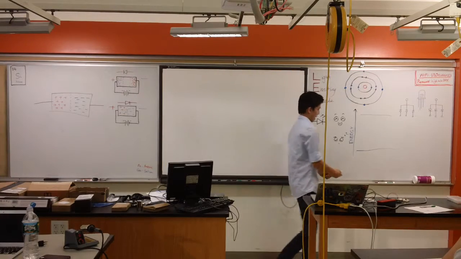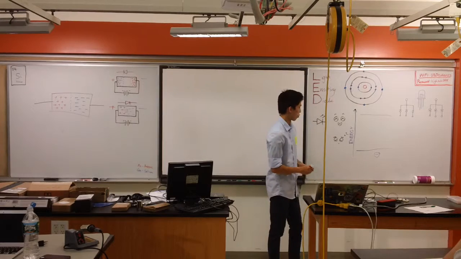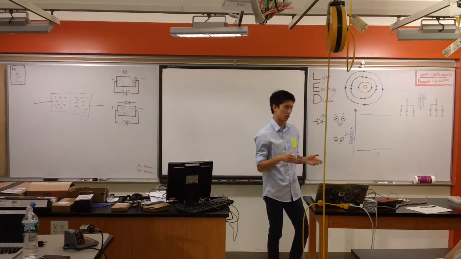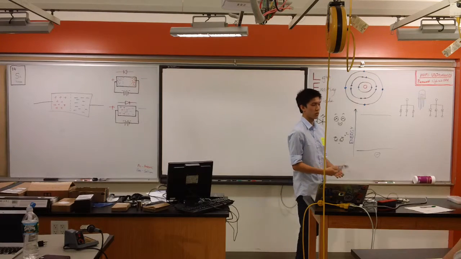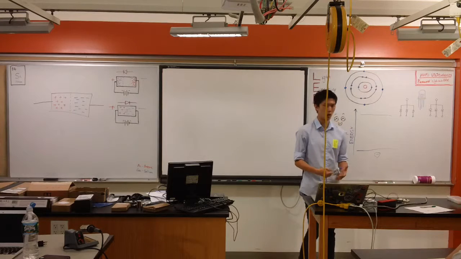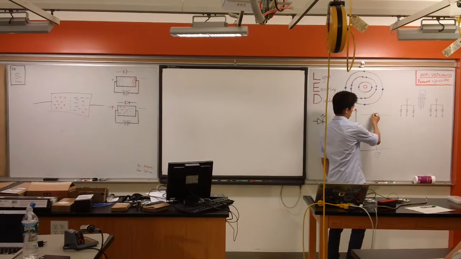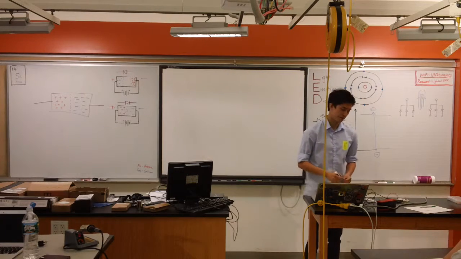And I have my electron over here. So when you pass current through the LED, you're giving these silicon or semiconductor atoms energy, and they jump to the high excited state, right?